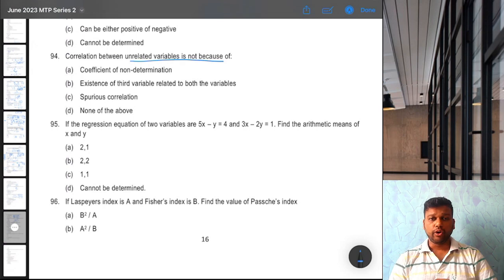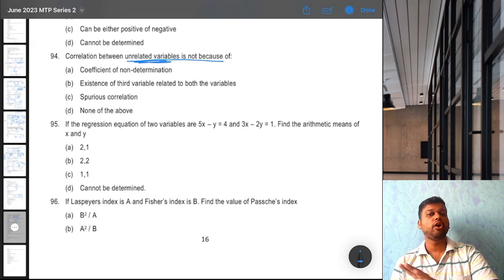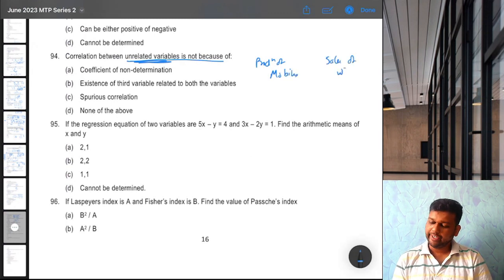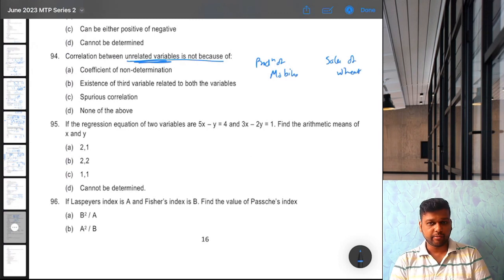Yeah, I'm back. Okay, so correlation between unrelated variables is not because of which option. Let's say we take some random variables, maybe production of mobiles and sale of wheat. Now they are unrelated variables, right?